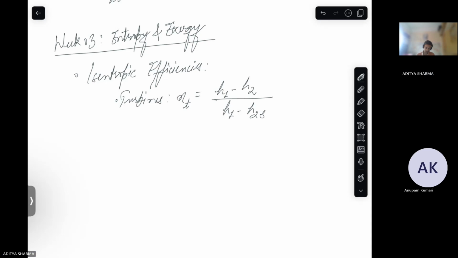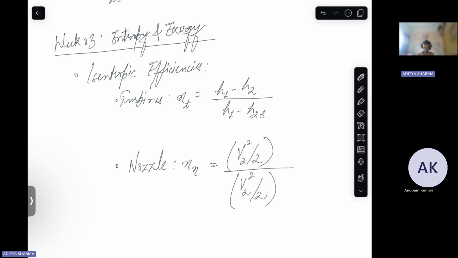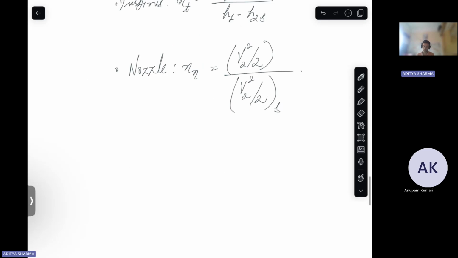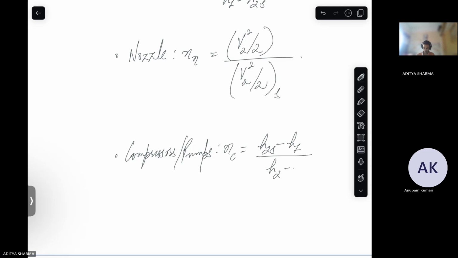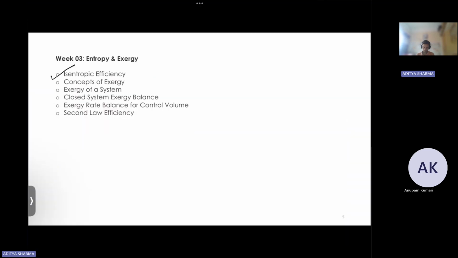Then there is the efficiency of the nozzle, which is in terms of the velocity at the exit: what it will be in the isentropic case and what it is in the actual case. Then third are your compressors or pumps. Here your efficiency is this one. So these are your isentropic efficiencies for different thermal devices.